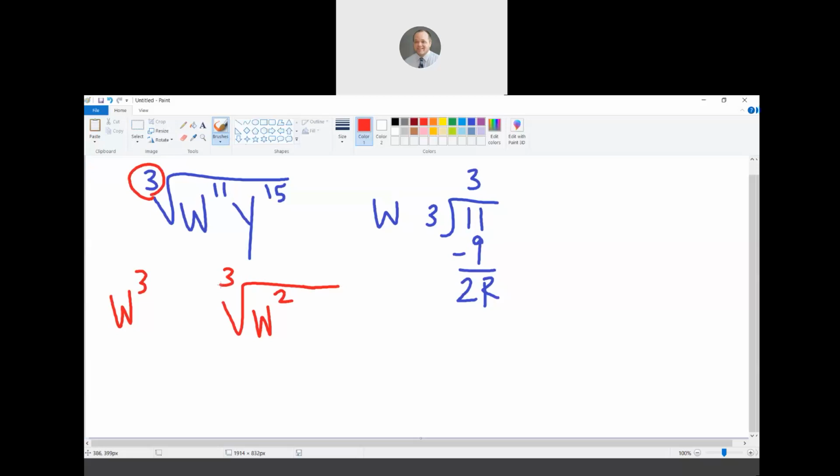Now let's break down the y in similar fashion. We'll take 3 and divide it into 15. So 3 can go into 15 5 times with 0 remainder.